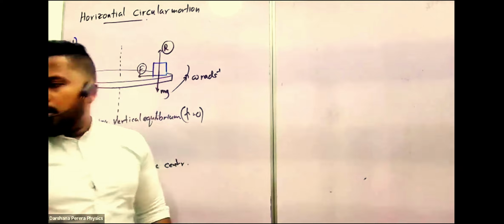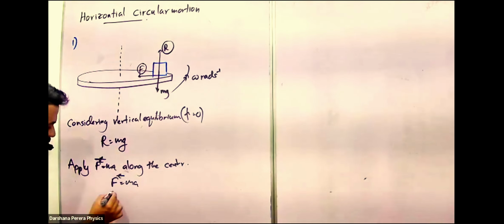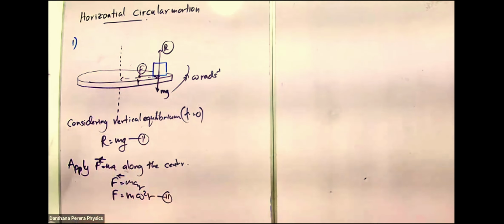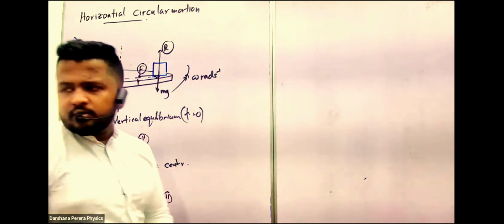F is given by the friction. Friction equals m times a. Which acceleration? Along the center direction, it is the radial acceleration, which is omega square r. This is number 1, this is number 2. Write down those terms.